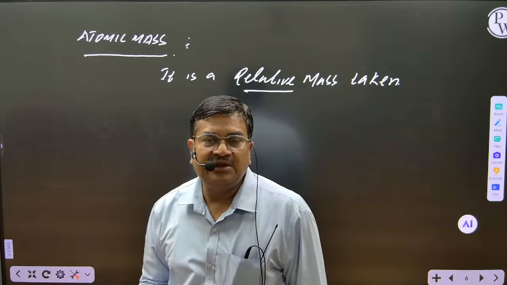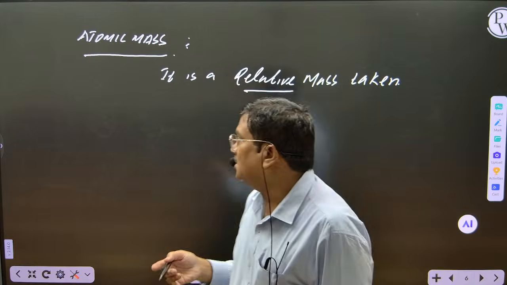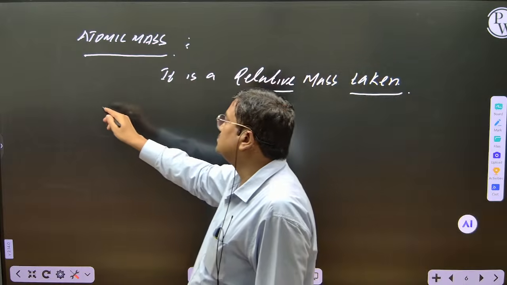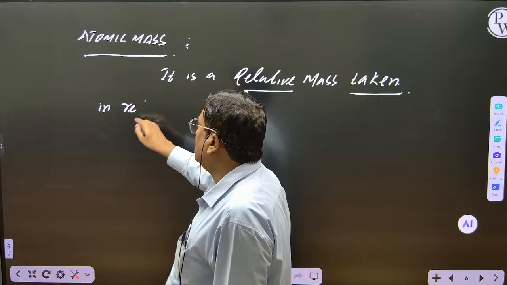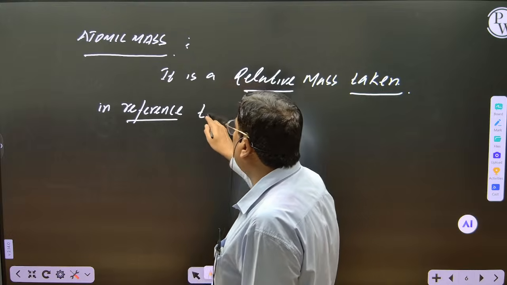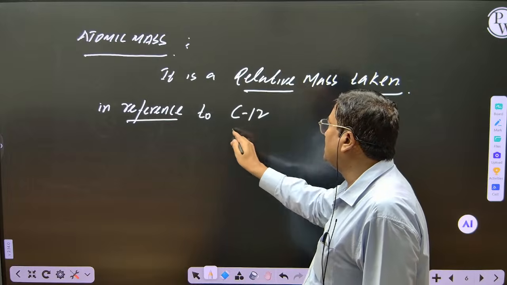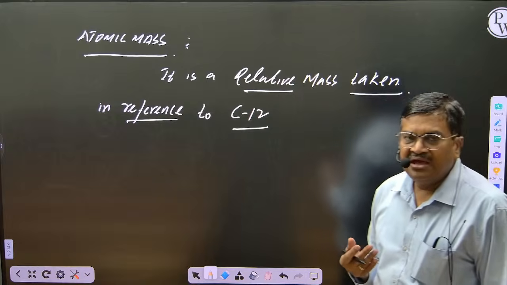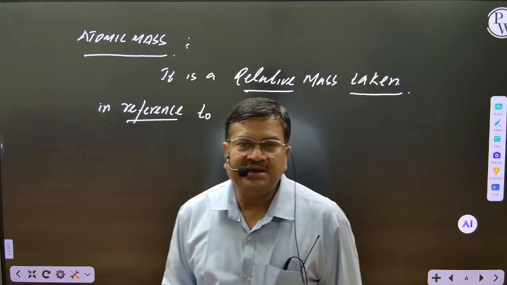C12, no? So make a note, it is a relative mass taken in reference to, what is that reference element they ask in exam? Reference to C12. What is C12? Carbon 12. That means with carbon 12, we are comparing an element, how many times it is heavier.